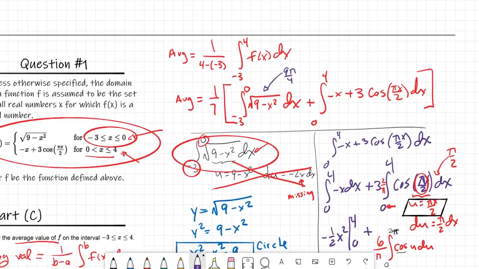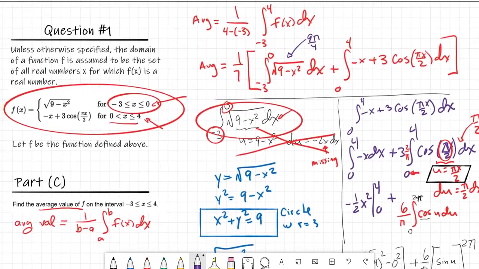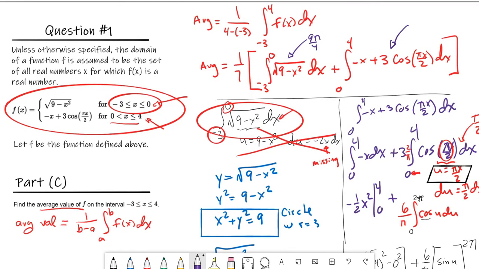Let's bring that back up and plug it into our formula here. So we have 9 pi over 4 minus 8. And then this constant out front is 1/7.